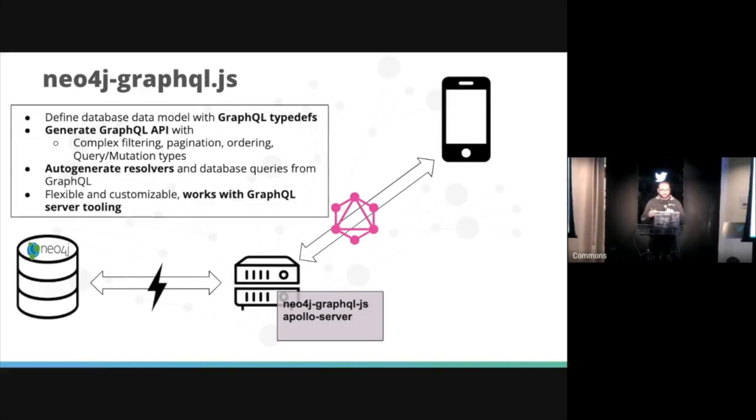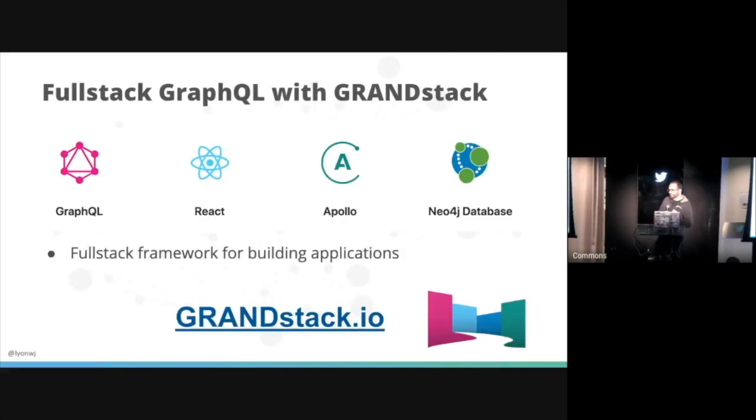It's meant to be a very flexible and extensible implementation that works with any of the JavaScript GraphQL tooling like Apollo Server, which I think is most commonly used by our users for this. This becomes part of what's called GRANDstack, or GraphQL, React, Apollo, Neo4j Database. So if you hear people talking about GRANDstack, this is what they're talking about. Our GraphQL integration is at the heart of this.